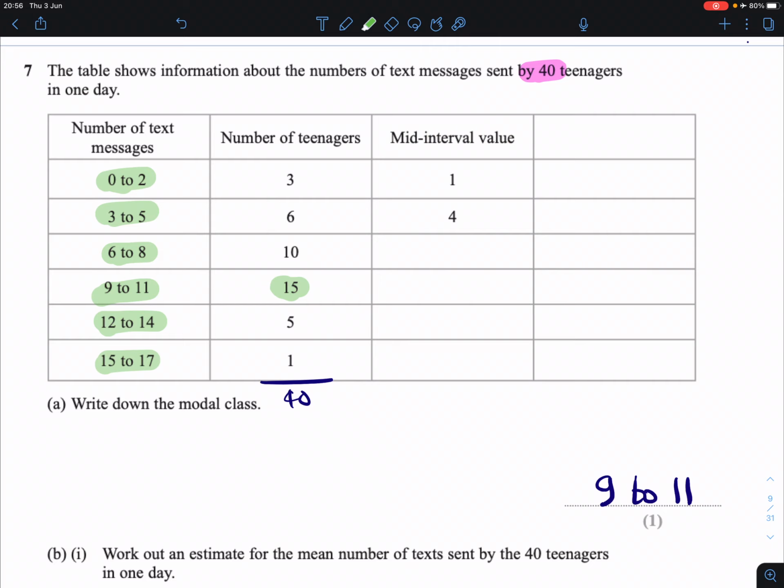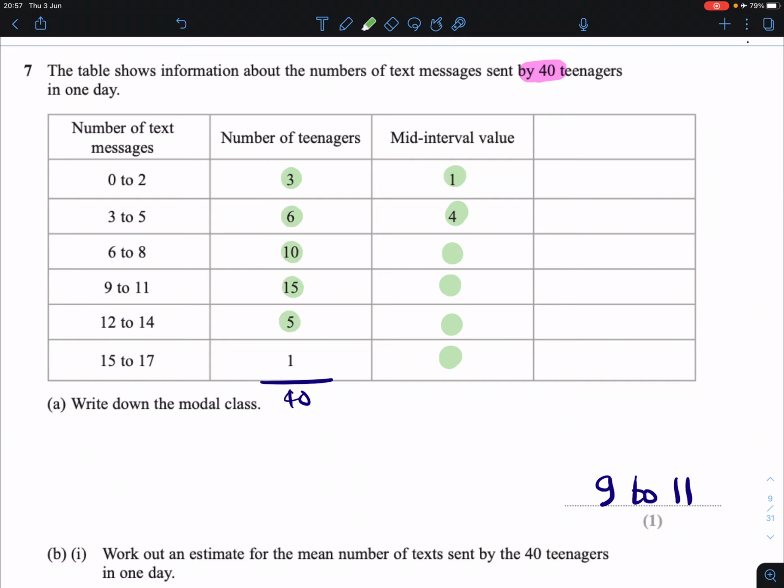So if we figure out what each of those mid-interval values are here, the middle of each of these groups, then we use that as our guess for figuring out the mean, as opposed to 0 to 2. You just assume that each person has 1 text in that group. Instead of 12 to 14, we assume it's 13, so on and so forth.